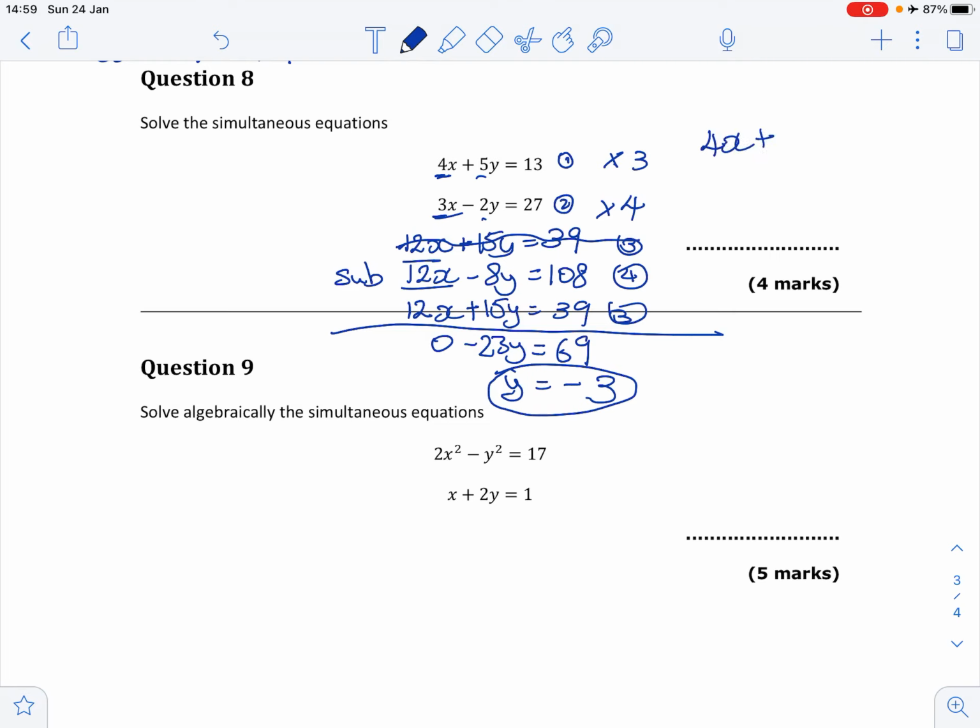So 4x plus 5y, y we know is minus 3, equals 13. Then we can solve, so 4x minus 15 equals 13. 4x equals, plus 15 on both sides, 28. Then divide by 4 on each side. So we have x equals 7. So that's our two solutions. So x equals 7 and y equals minus 3.